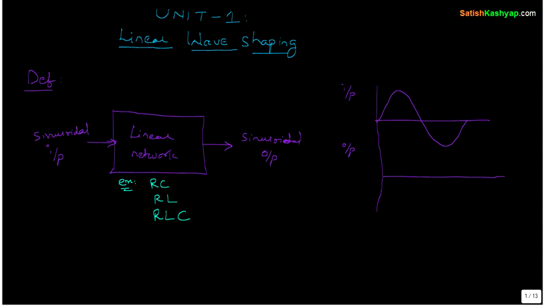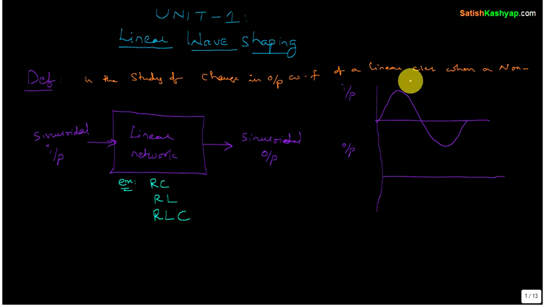Linear wave shaping is the study of change in output waveform of a linear circuit when a non-sinusoidal input is applied.